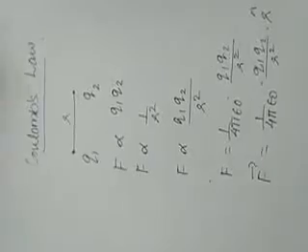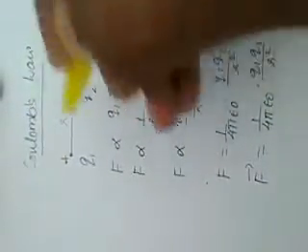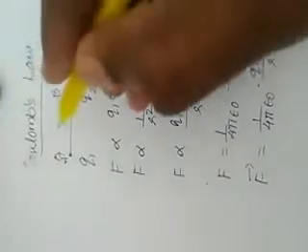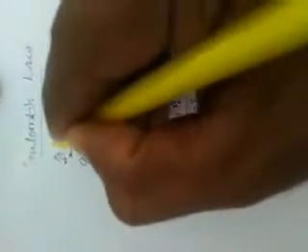So in a simple way we can find the direction of the force. For example, assume that Q1 is positive and Q2 is also positive. This is A and this is B. The force exerted by A on B, I am going to represent as FAB.